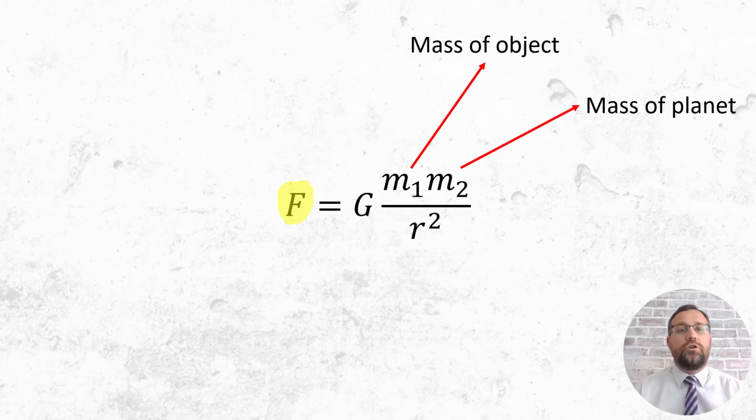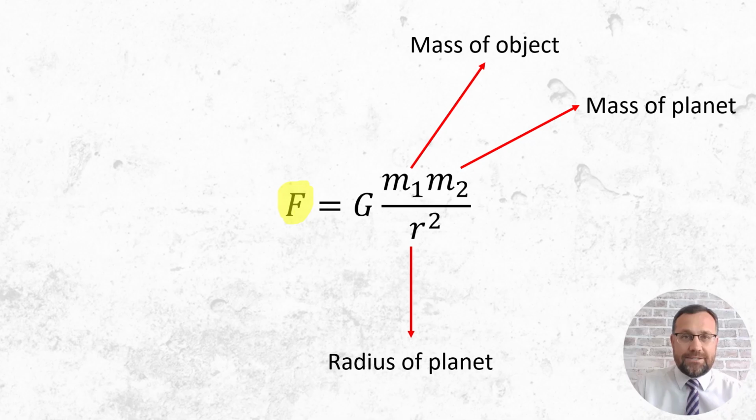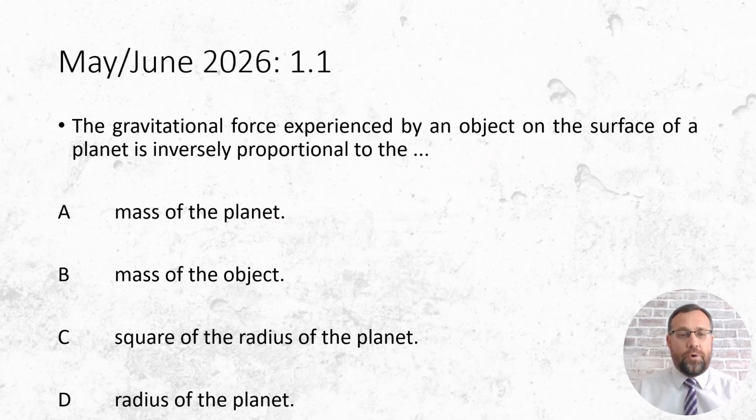But note that it is inversely proportional to the square of the radius of the planet. The correct answer is therefore C. The gravitational force is inversely proportional to the square of the radius of the planet.